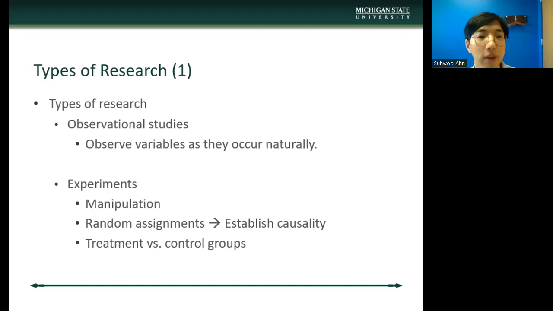One group receives the fact-checking messages, and the other group does not. In this context, the treatment group is the group that received the fact-checking messages because researchers have interest in this group. The group who did not receive fact-checking messages is the control group, and the control group exists to isolate the effect of the treatment. So this is how the experiment works.